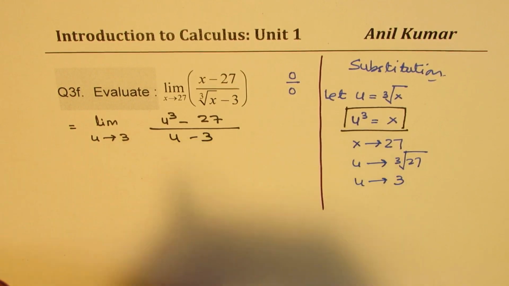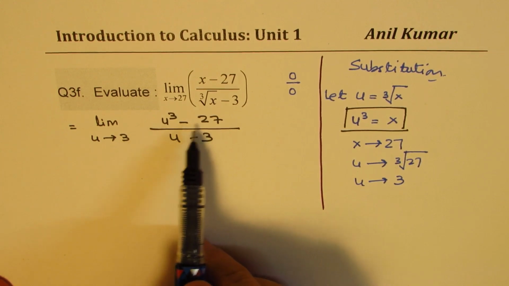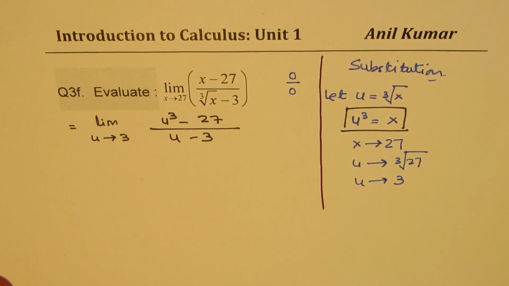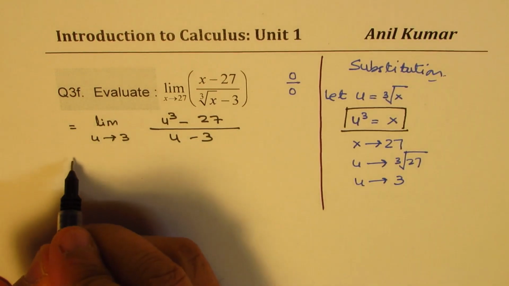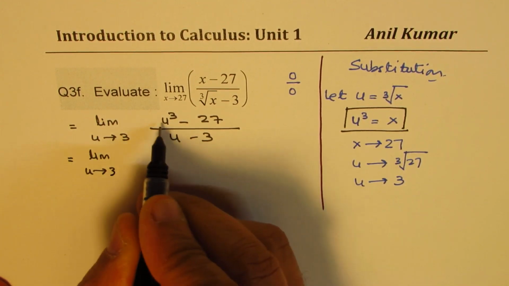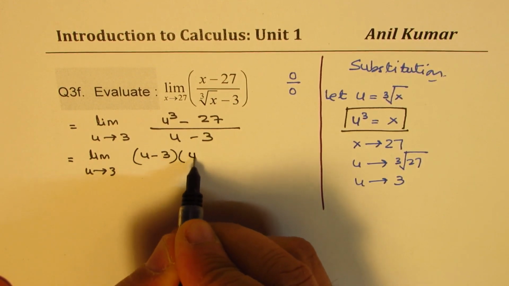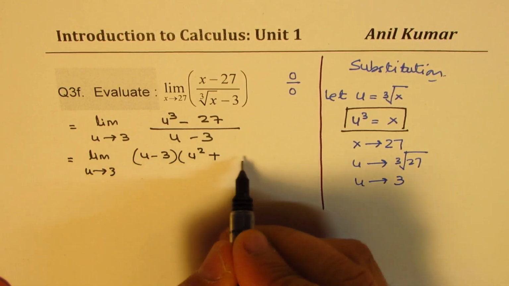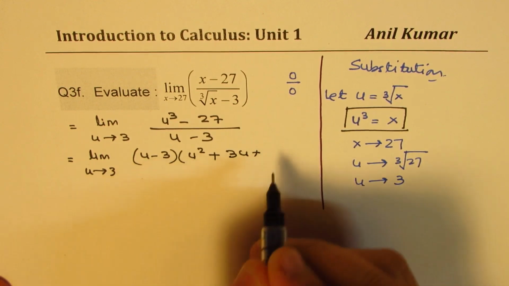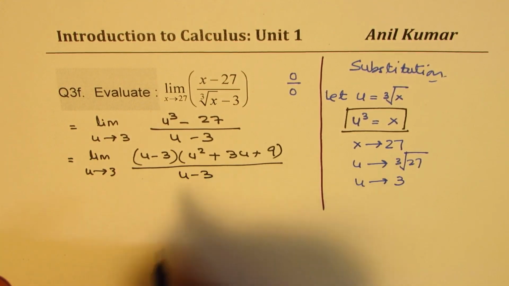Do you see that? Again, we'll use the factoring formula of a cube minus b cube to solve this question. So we could now write this as the limit as u approaches 3, and the numerator could be written as u minus 3 times u square plus the product of these two, which is 3u, plus the square of 3, which is 9, over u minus 3, correct?